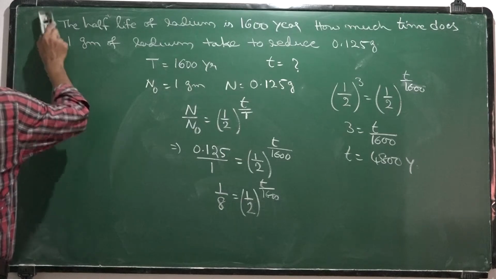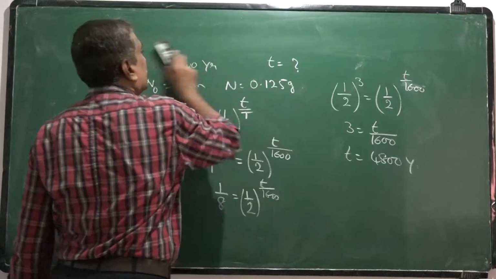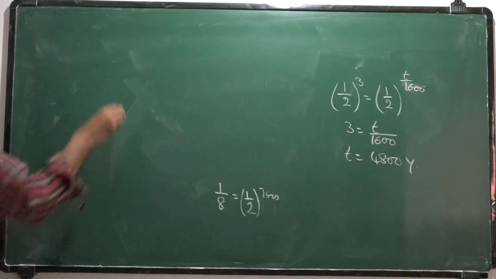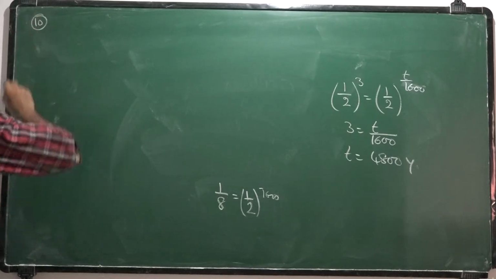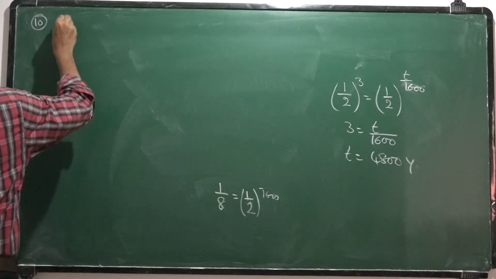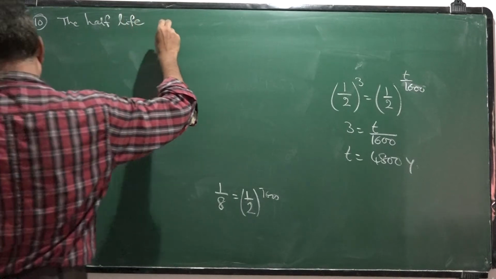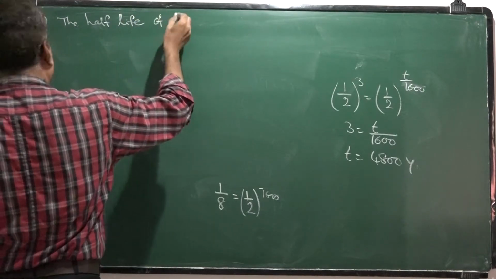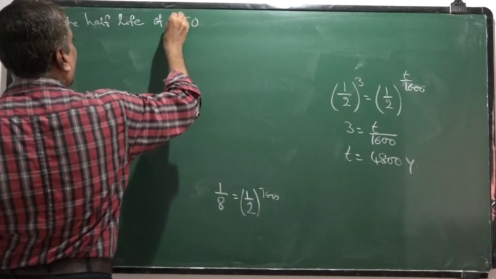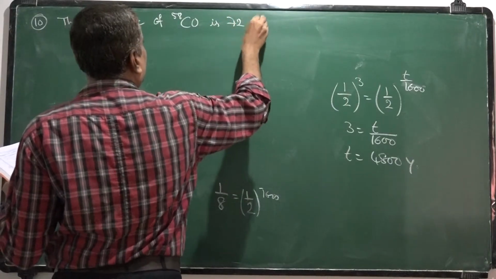Okay, next one. Tenth one. The half-life of Co-58 is 72 days.